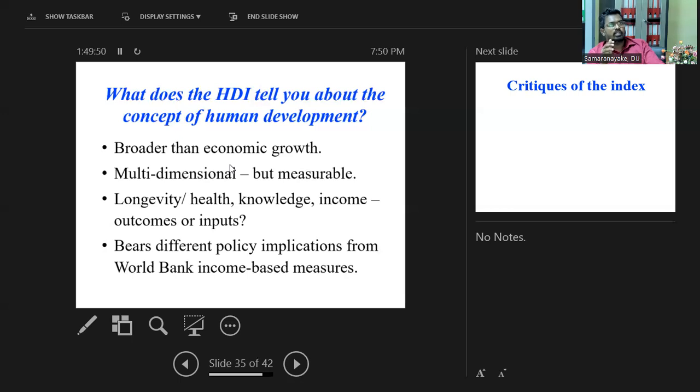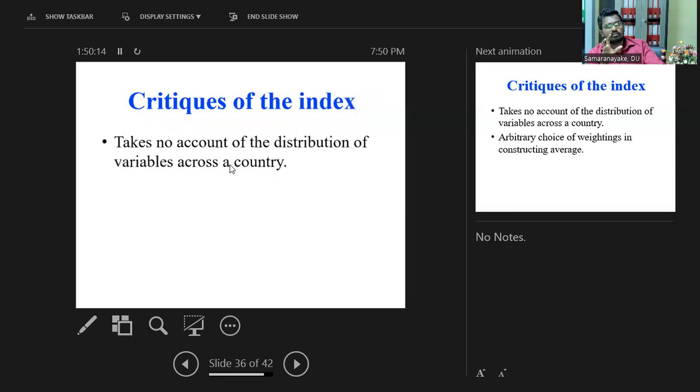However, this Human Development Index says something about some enhancement, uplift of citizens and human beings in different nations and societies, to some extent, but not to a great extent. It is multidimensional and measurable, which is good. But these things have problems also, because why?